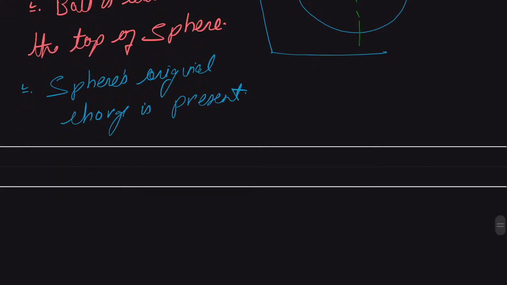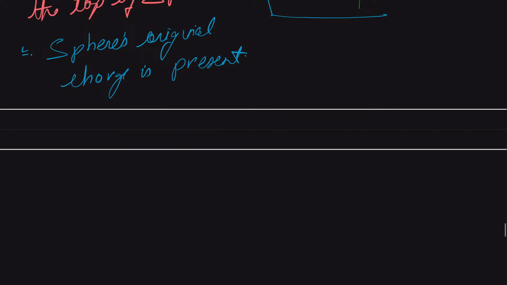And so let us find out for part A. We are going to first find out the electric field because of the uniformly charged sphere of radius small r, using Gauss law.